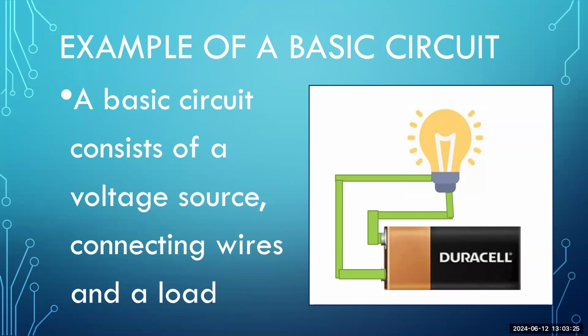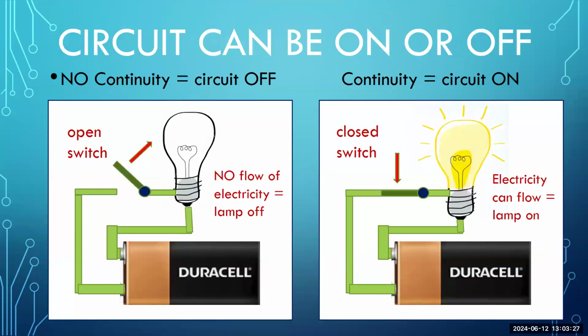That's your basic circuit. Now, the circuit can be on or it can be off. In the previous lesson, we discussed continuity. If we have no continuity, no continuous path for electricity to flow, then the circuit is defined as being off, as illustrated in the left-hand illustration. Here we have the same 9-volt battery, the same connecting wires, and a load. This does form a circuit.